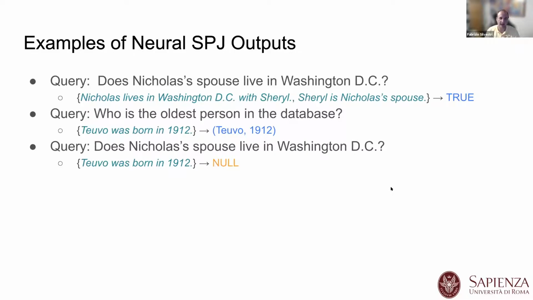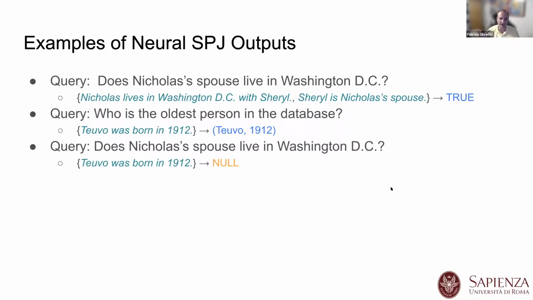And so these are examples of Neural SPJ outputs. For the query, does Nicholas' spouse live in Washington, DC? The output is Nicholas lives in Washington, DC with Cheryl. Cheryl is Nicholas' spouse. This is the retrieval phase, and the answer is true. So this is the output of the SPJ.